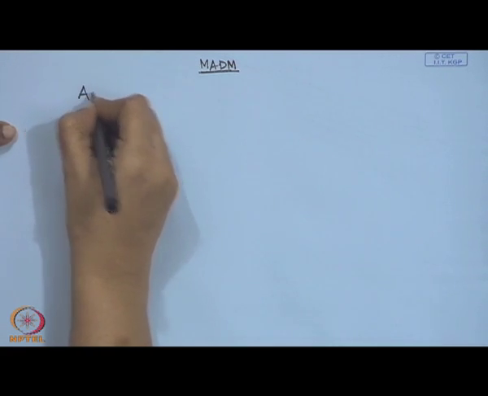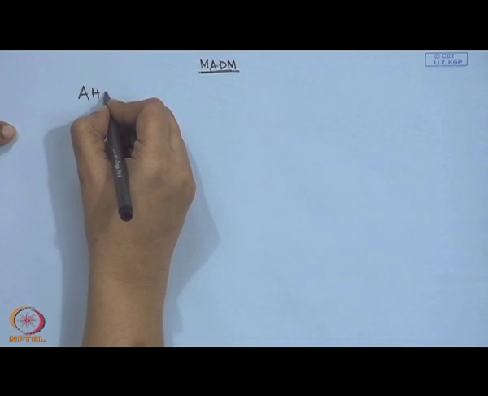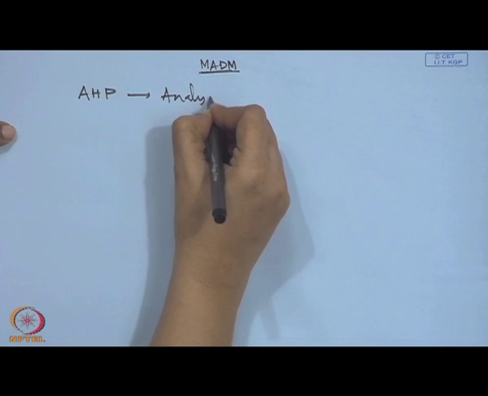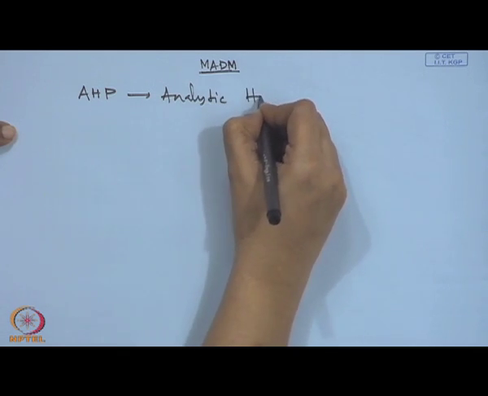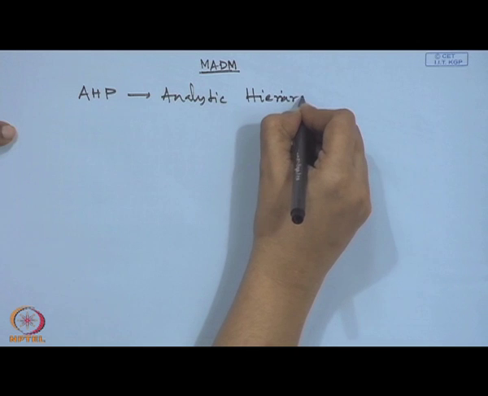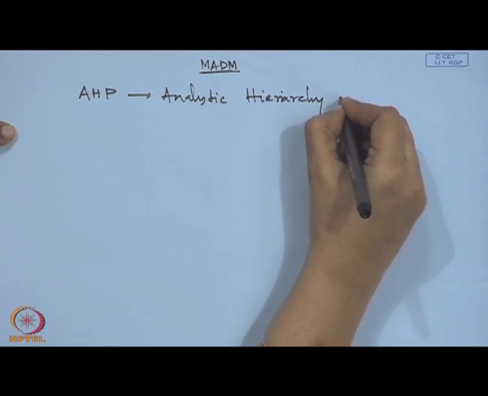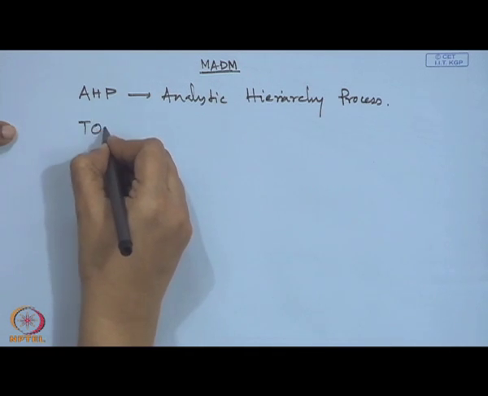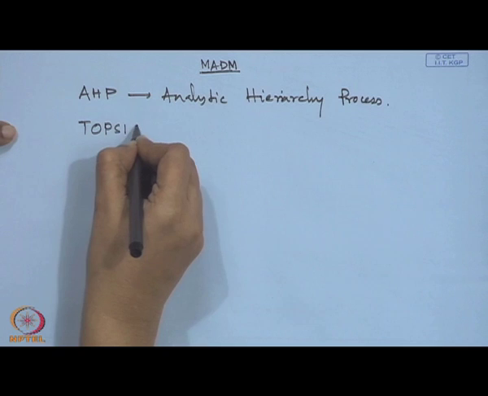Now, coming to multi-attribute decision making problems specifically, there are several methods to tackle them. One of the very well known methodologies, invented in 1980, is the analytic hierarchy process. There is another very well known method for multi-attribute, that is TOPSIS.